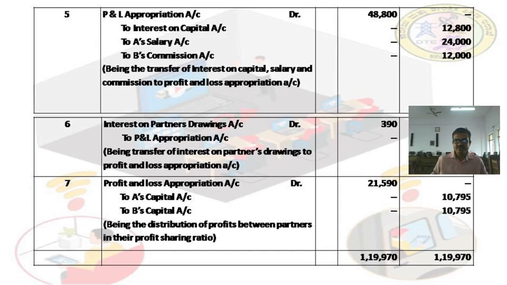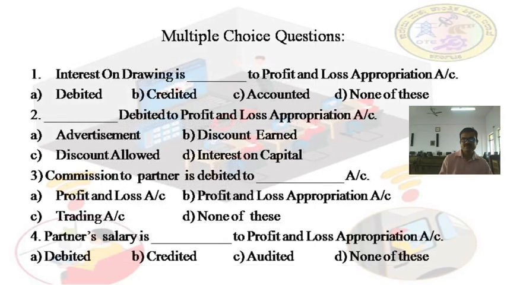Make the total of the debit and credit columns, that is 1,19,970 on the debit and 1,19,970 on the credit side. This is the way of preparation of profit and loss appropriation account and passing the journal entries.